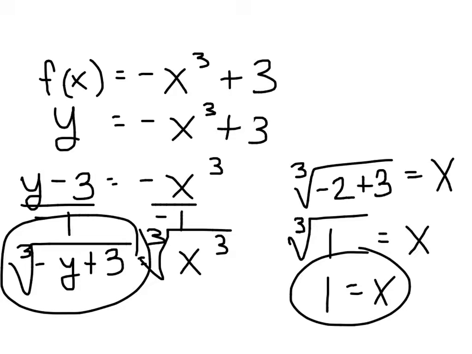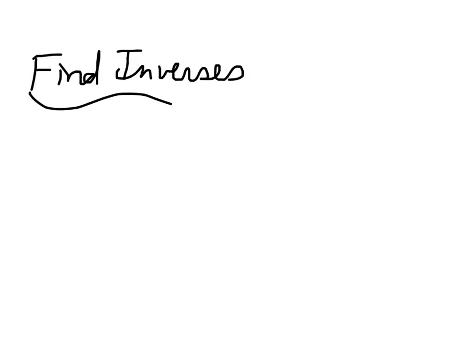Now, the second thing that you're going to do is find inverses. I'm going to give you steps. They don't give you this part, but I found over the years that having steps for this is kind of easy.